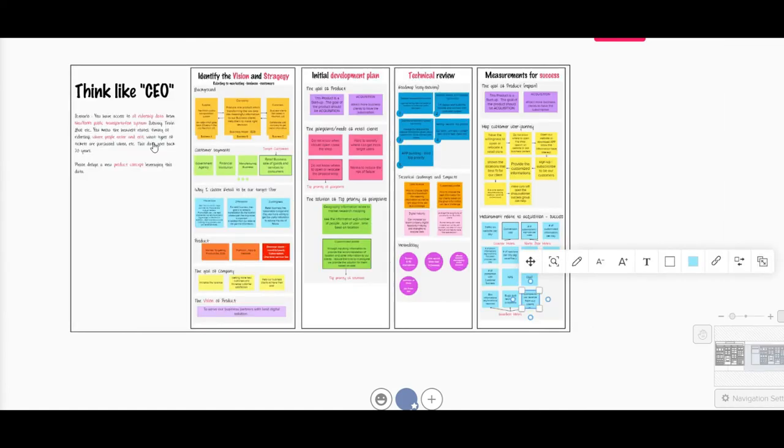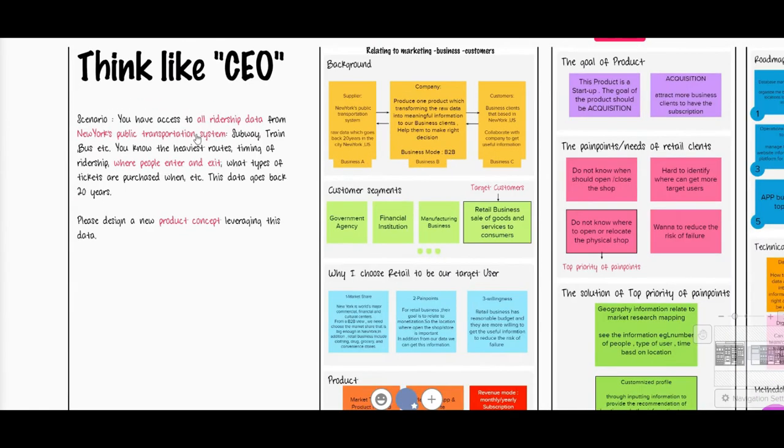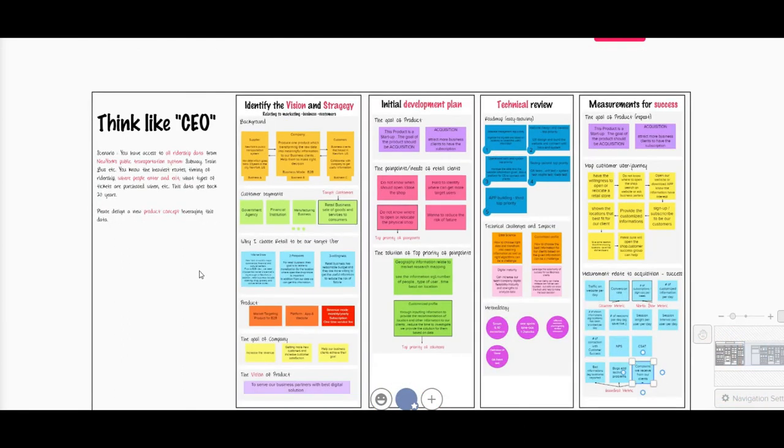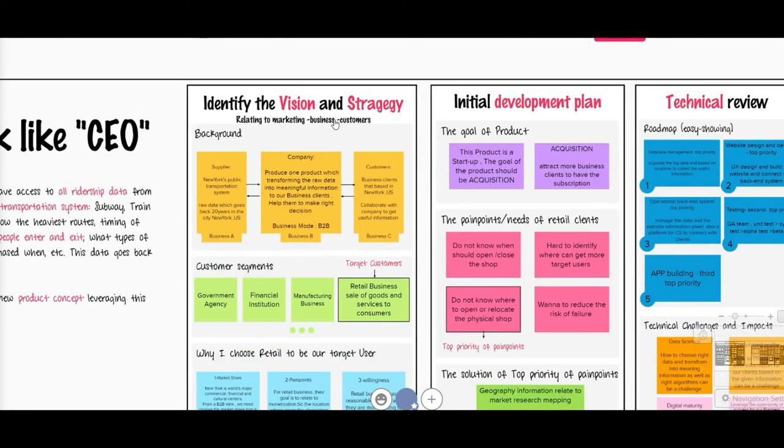So in summary, when I am the product manager, if I have the data related to the New York passport transportation system and I need to build a digital solution product, I first need to identify the product vision and product strategy. We need to think not just from the product side, we also need to think from marketing, business, and customers.